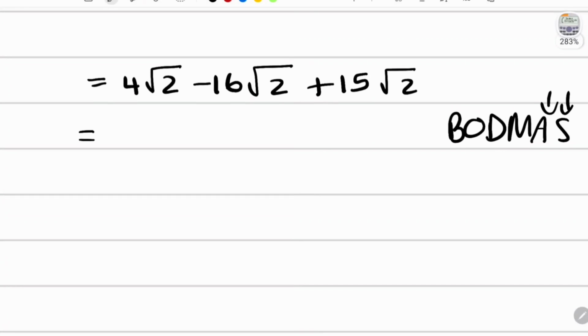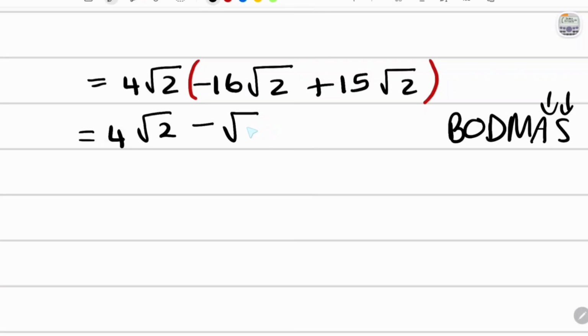So what we're going to do here is use BODMAS and start with the addition first. Since these two are being added, negative 16 square root 2 is being added to positive 15 square root 2. We have 4 square root 2 still there. Negative 16 square root 2 plus 15 square root 2 is going to give you a negative square root 2.